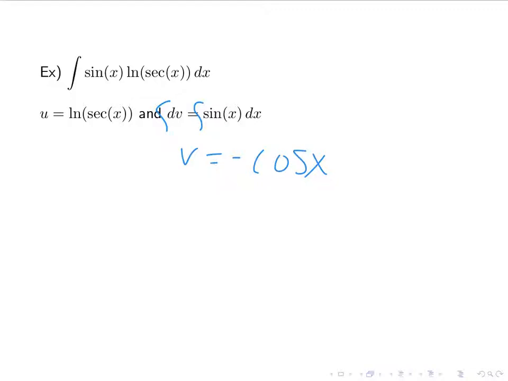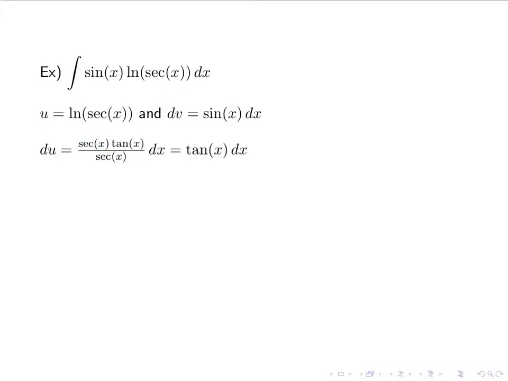The derivative of secant is, as we just said, secant tangent, so it's going to be secant tangent over secant. This simplifies rather nicely, the secants cancel, and I've just got tangent of x. So the derivative of the natural log of secant of x is tangent of x. And again, as I mentioned earlier, v is negative cosine of x.